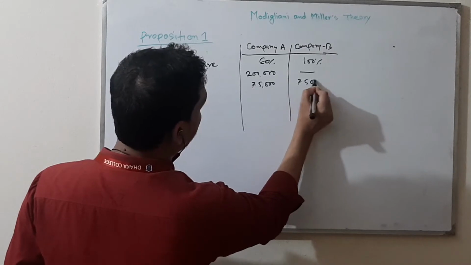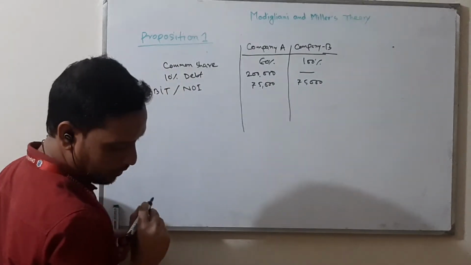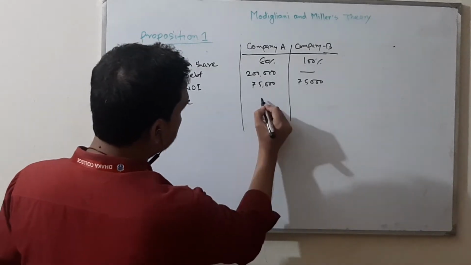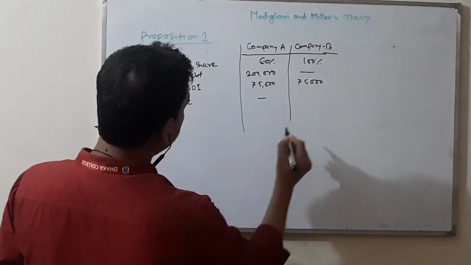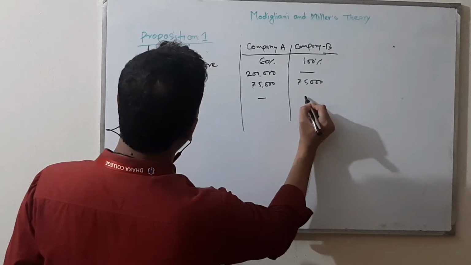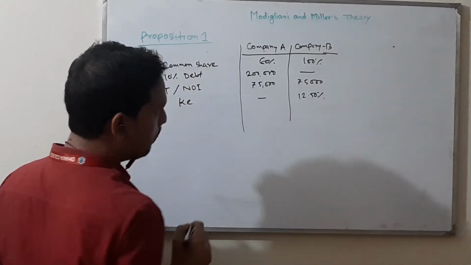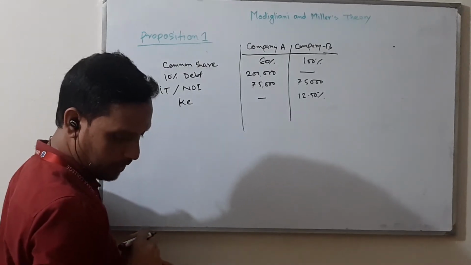Then for company B, the cost of equity is 12.5%.